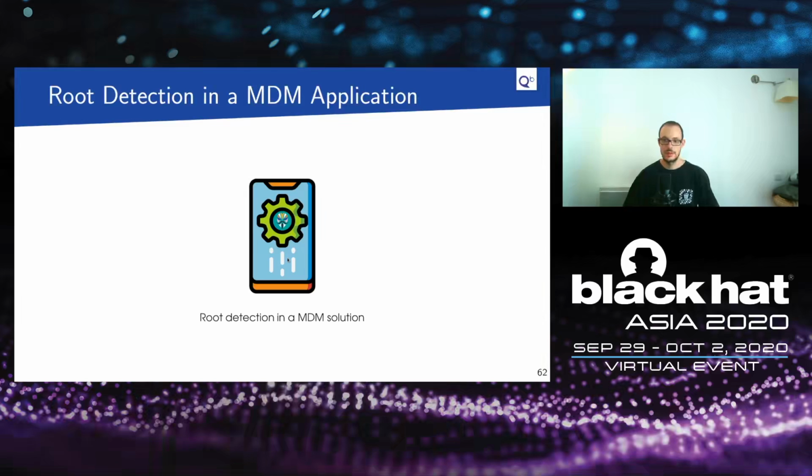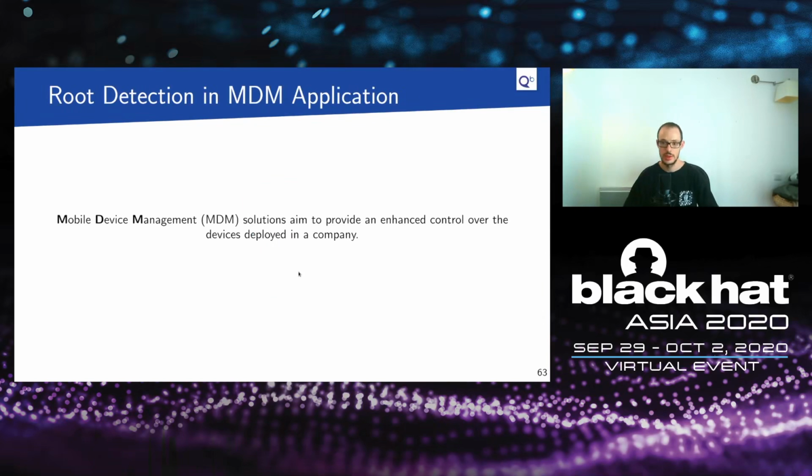Another example is within an MDM solution. So an MDM solution aims to provide control over a set of devices that are deployed within a company. And basically, there is an admin user that is able to control, for instance, which packages are allowed to be installed on the device, which are not, and so on.